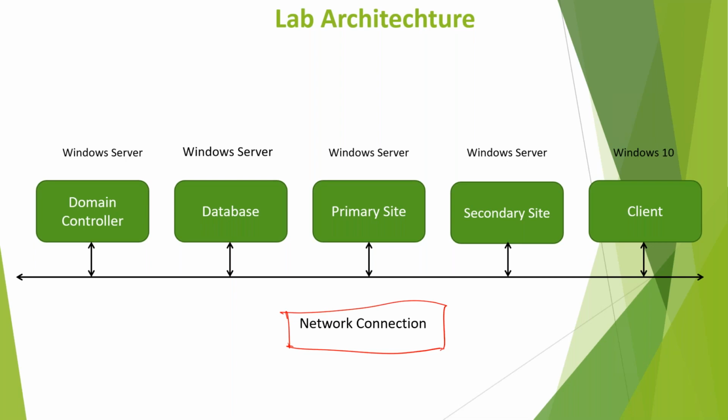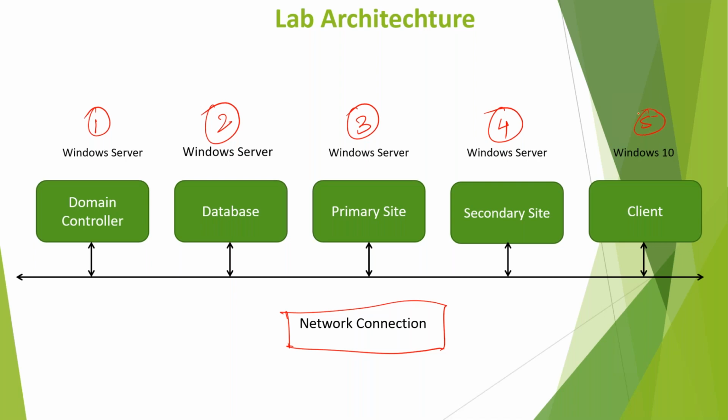We will have a server called domain controller, second database, third primary site server, and the fourth one is secondary site server. These are 4 servers which we will create, and 1 client machine, that is a Windows 10 machine.